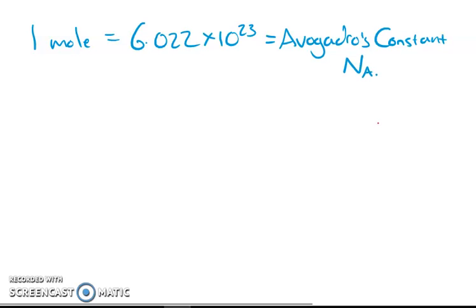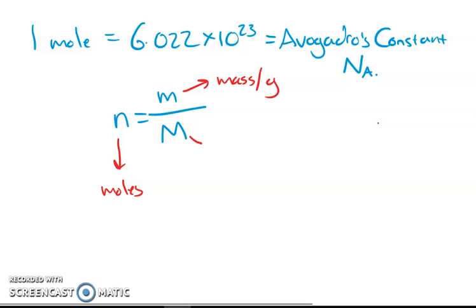We should also know that we can calculate moles using the equation n is equal to m over M, where n is the amount in moles, the lowercase m is the mass in grams, and the uppercase M is the molar mass in grams per mole.